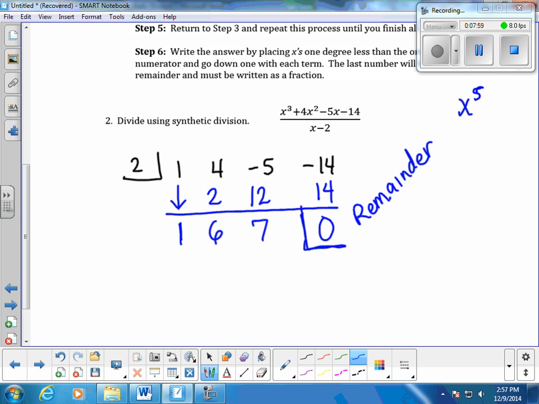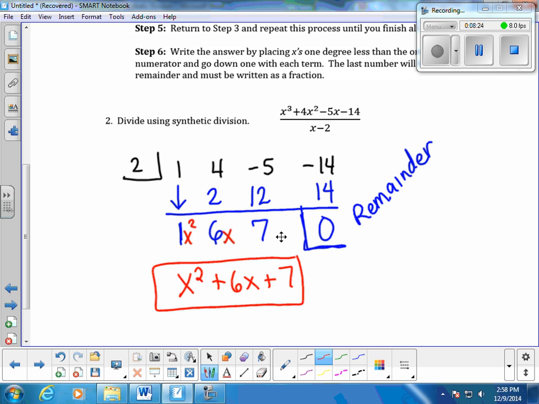If it was an x to the 8th, it would be x to the 7th. So since this was an x to the 3rd, I start with x squared and just keep going descending until I can't go any further. So this is going to be x squared plus 6x plus 7 with no remainder.